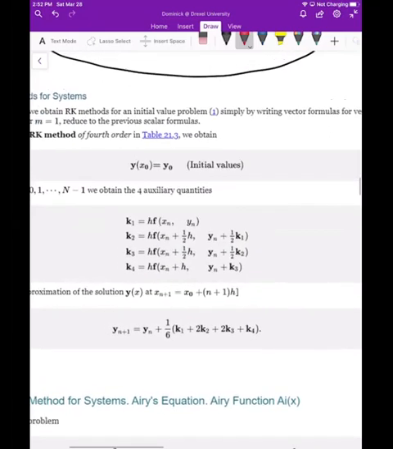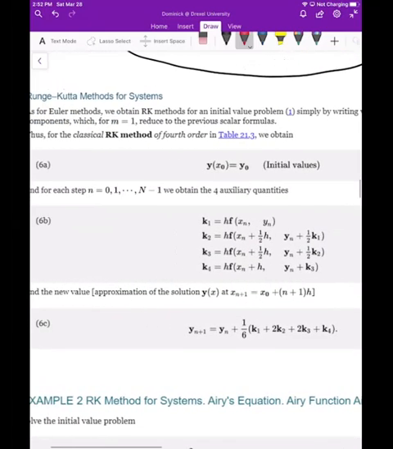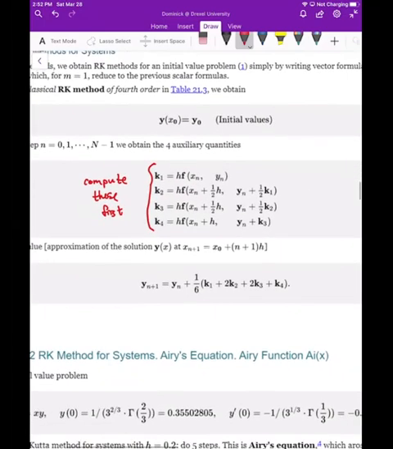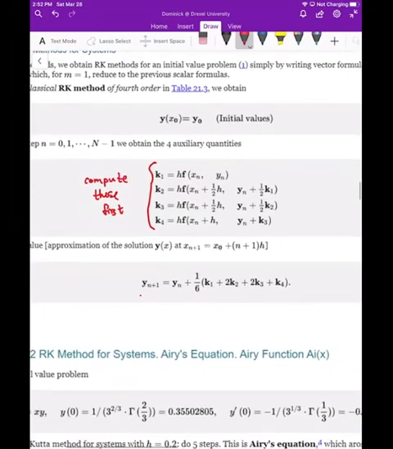If you recall from our previous videos, the idea behind RK4 is that we compute these 4 auxiliary quantities first. Then, using those auxiliary quantities, we obtain the next value of y by taking the previous y value and adding this weighted average to it.